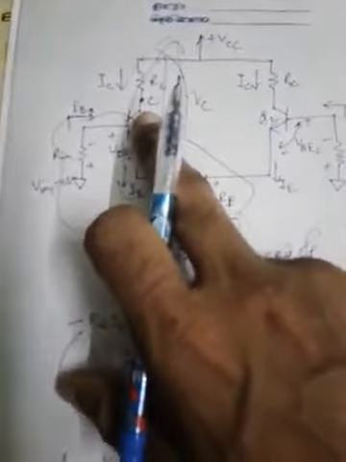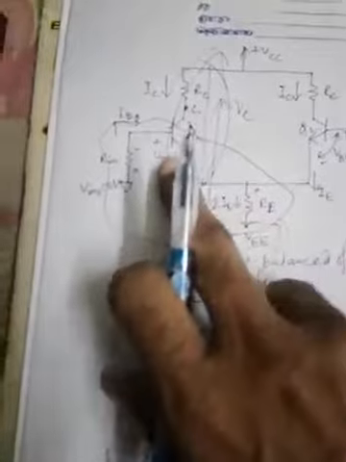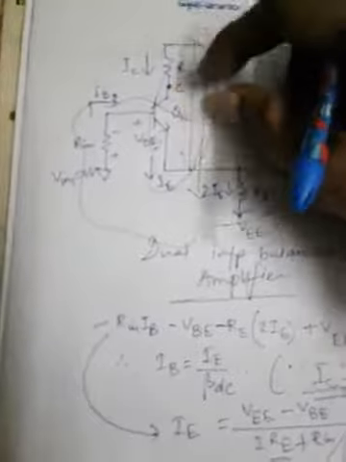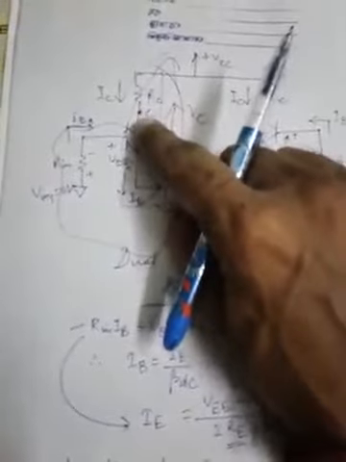If you once again see the circuit, then the output resistance RO1, which is taken out from this collector terminal, measured between collector C1 of BJT Q1 with the ground, will be equal to the collector resistor RC, because the output voltage will be measured from this collector terminal, and absolutely the output resistance will be nothing but the RC, because RC will then be working like the load resistance when we are measuring the output voltage from the collector terminal with respect to ground.